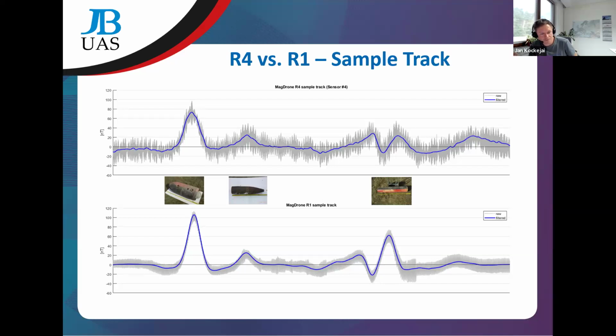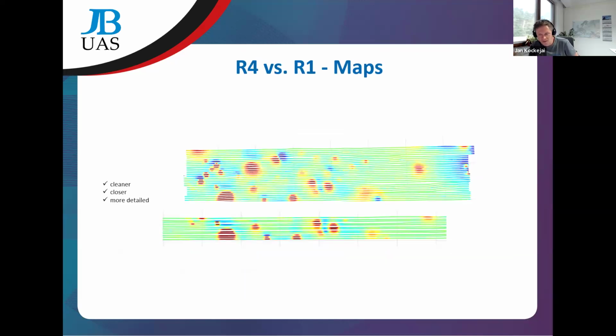Next slide, please. So it is smoother, and this is also reflected in the color-coded maps, which you can see again in larger size here. Even if it is only a smaller section, the map of the R1 is cleaner, closer, and more detailed with the same processing settings in the MagDrone data tool.